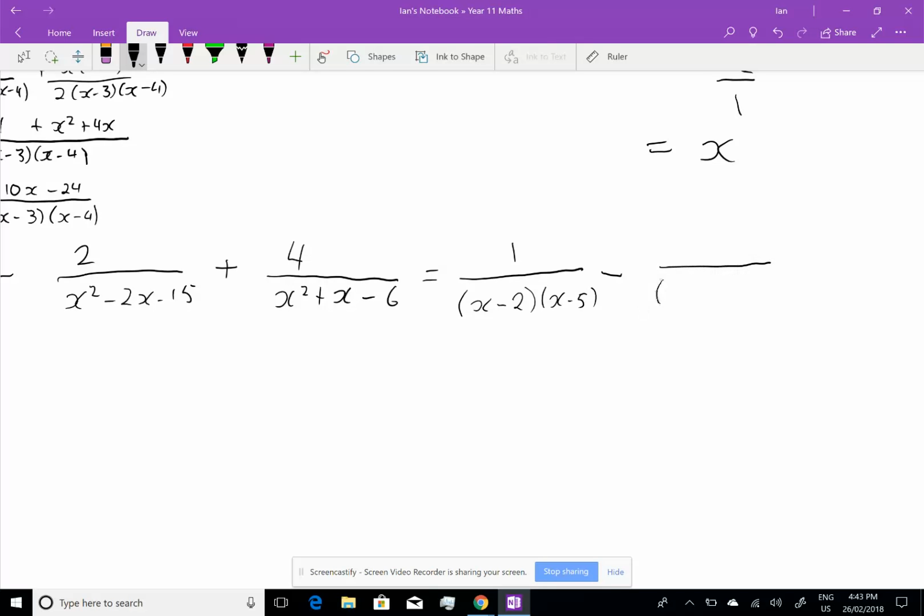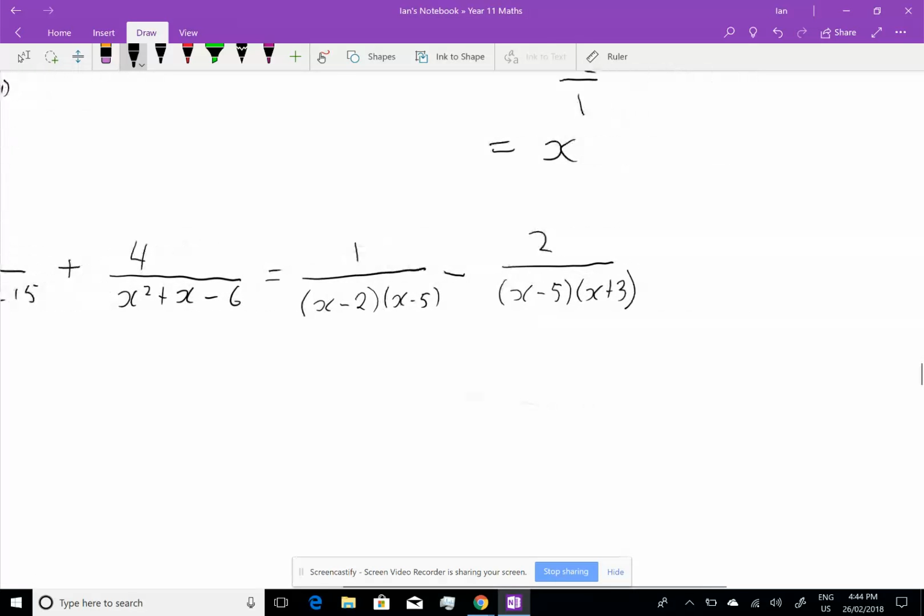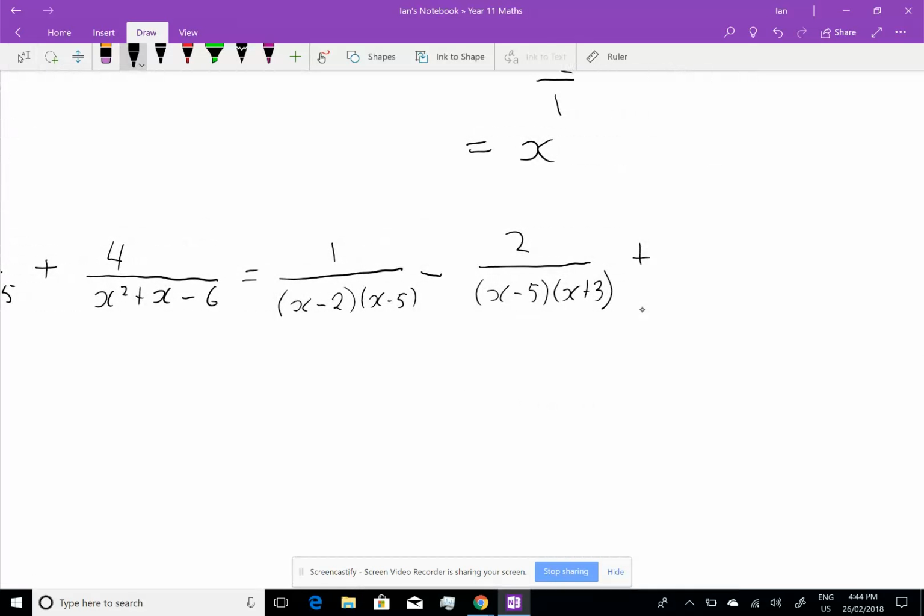Well, I reckon x minus 5, x plus 3. I got a 2 on top of that. Now my last one, what multiplies out to 6 and adds up to 1? Well, I reckon x plus 3, x minus 2. Right.